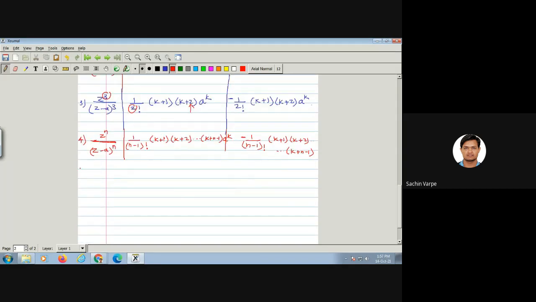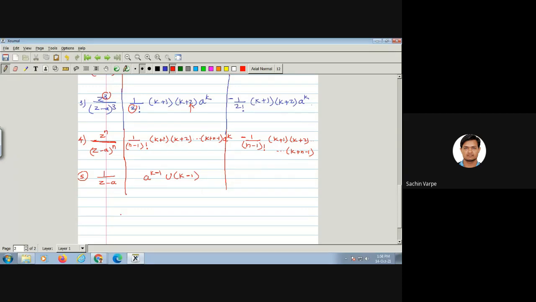The next one is formula number 5. For the function 1 upon z minus a, the inverse z transform is a raised to k minus 1 u of k minus 1, unit step function of k minus 1.